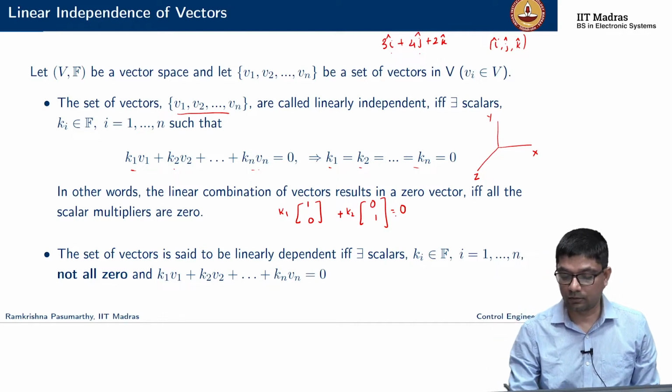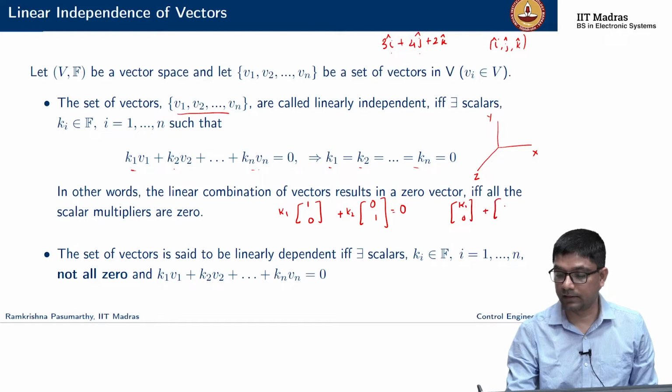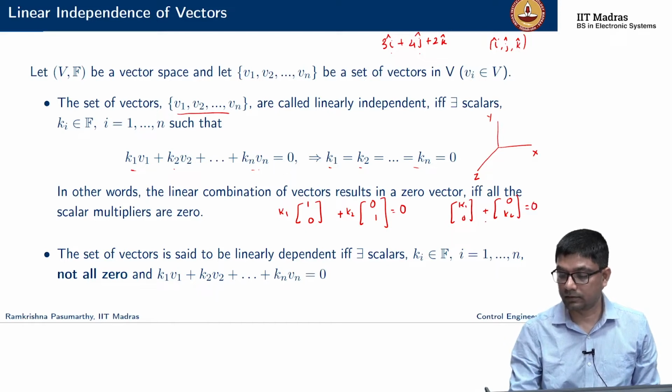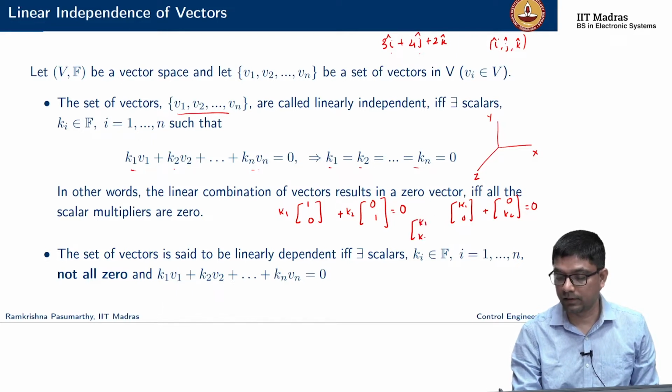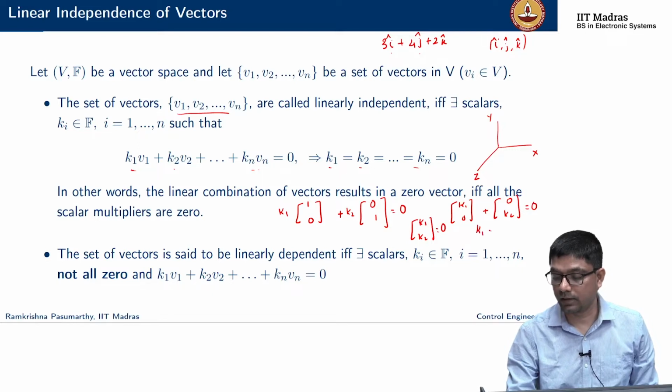I can just expand this: the first vector will be k1, 0, the second vector will be 0, k2, equal to 0, right? And when we add vectors, the components add individually. So this will mean that k1 and k2 both equate to 0, which means k1 and k2 both are 0.